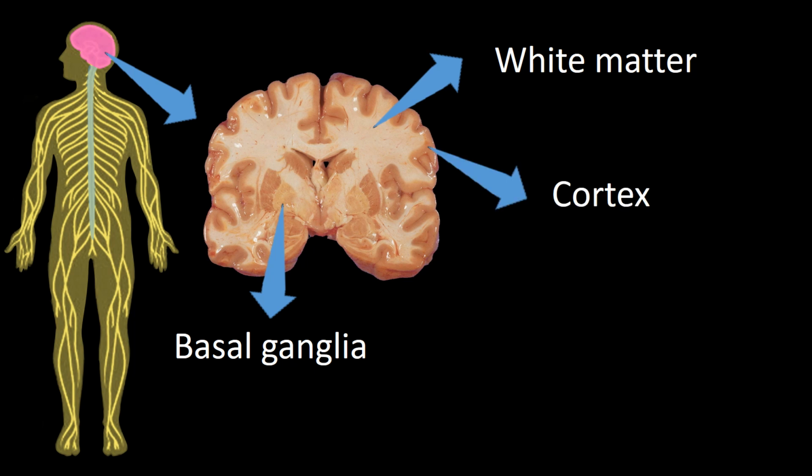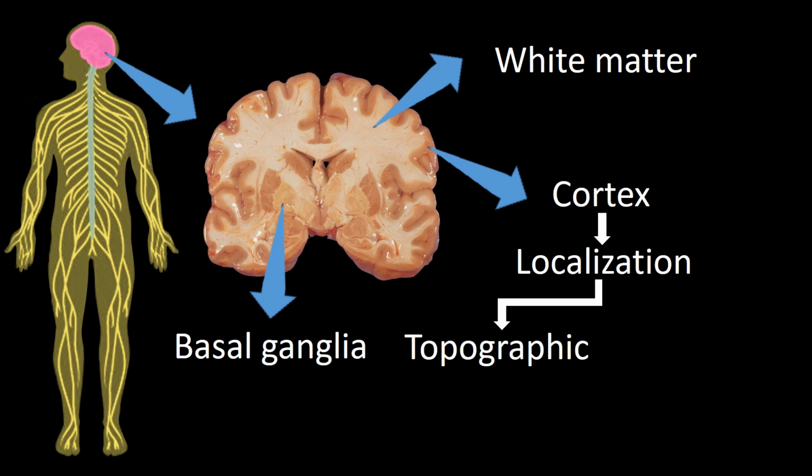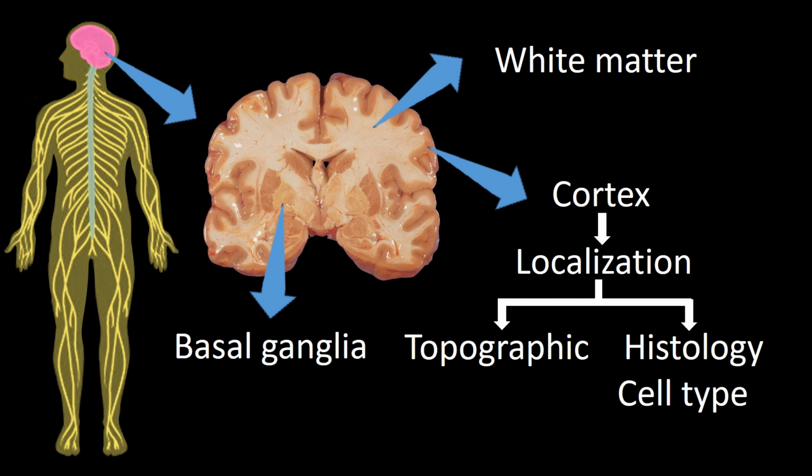If at this junction we determine that the problem is in the cortex, then we need to further localize the lesion topographically, let's say to the frontal or occipital cortices, but also in the realm of histology to cell type, let's say neuron or microglia, and in the realm of organelles, let's say peroxisome or lysosome.